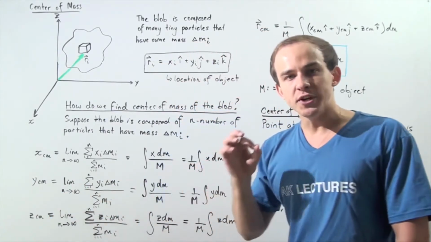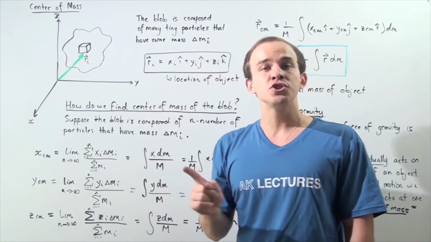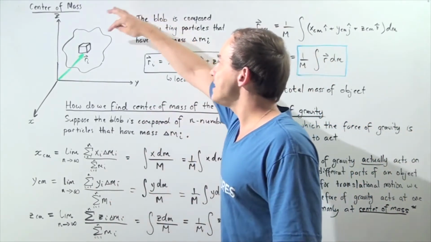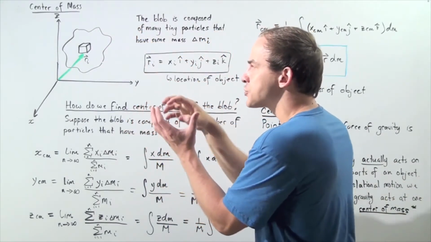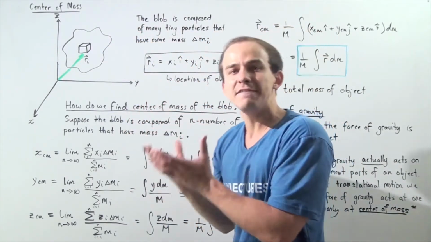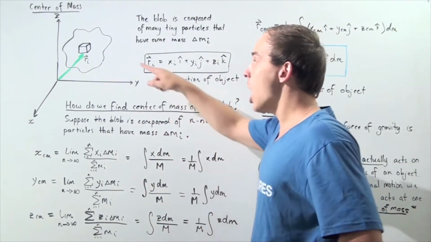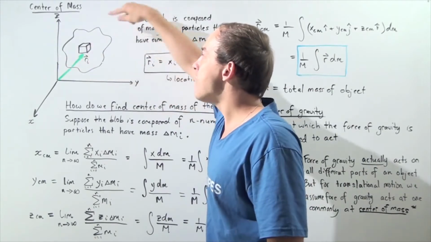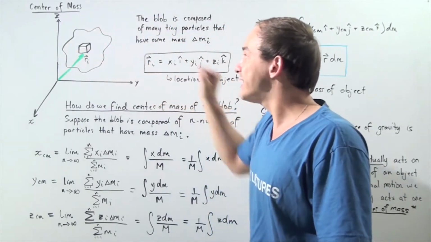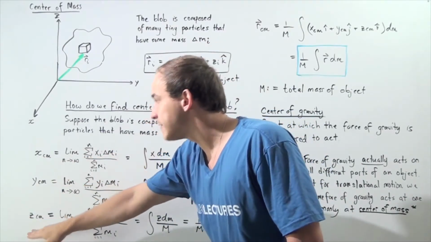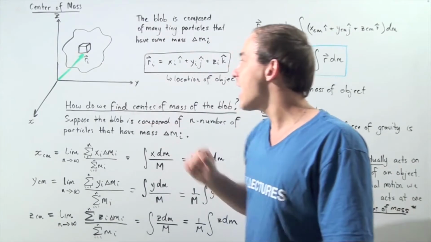And what we do is we take the limit as n approaches infinity. So we're basically making these tiny particles smaller and smaller until they're infinitely small. And we take the sum of all the centers of mass of all these tiny particles, and that will give us each respective coordinate point of the center of mass of the entire blob.